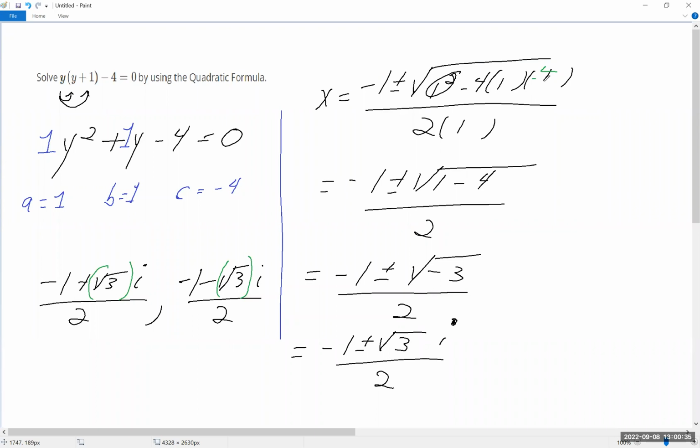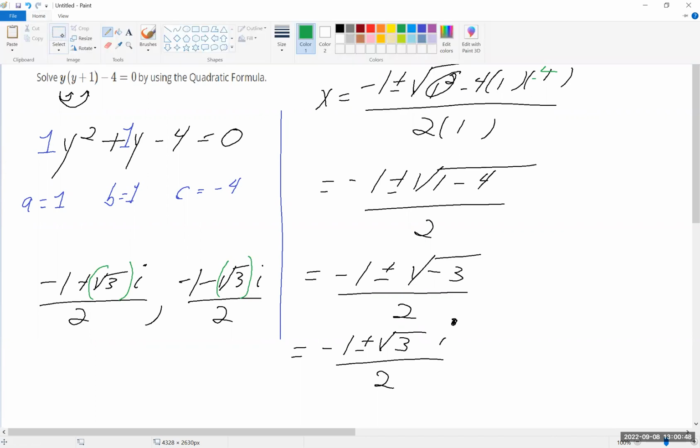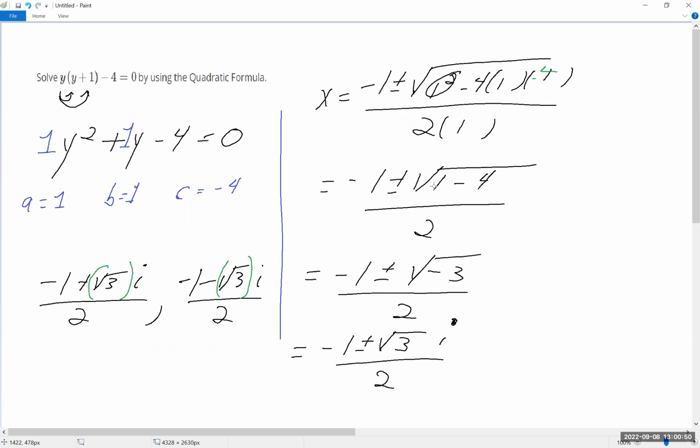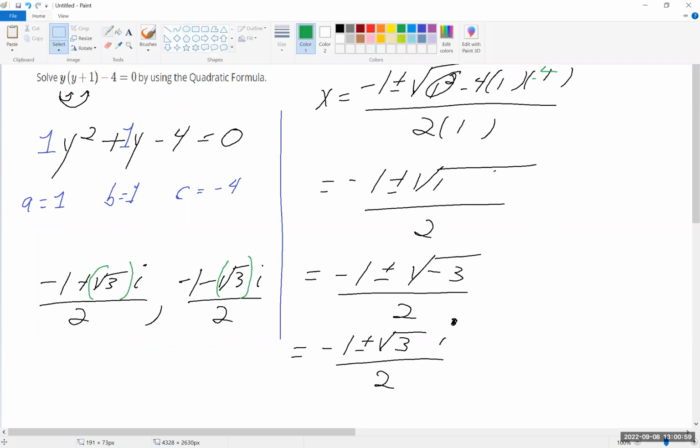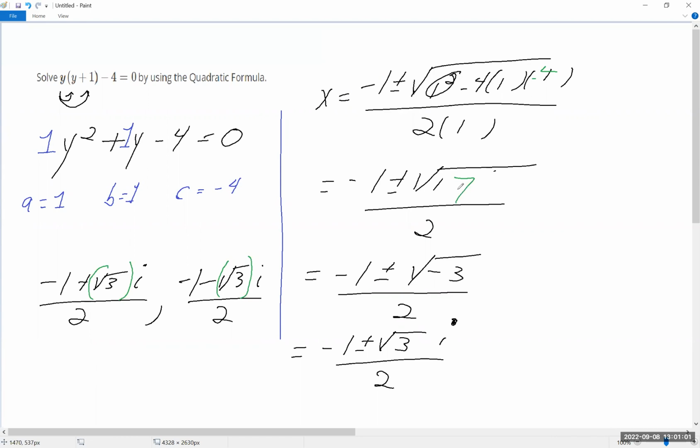So this is what, 16 plus 1, which is 17. So I'm getting, please check and correct me, I'm getting now a 17.